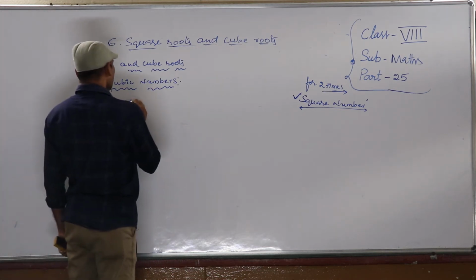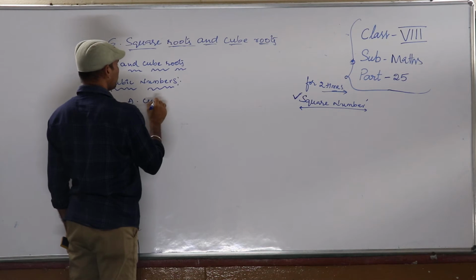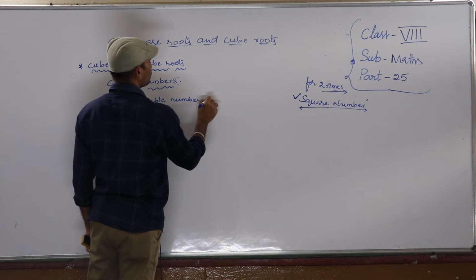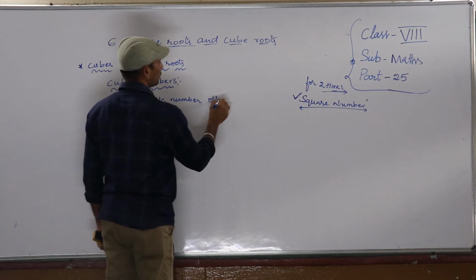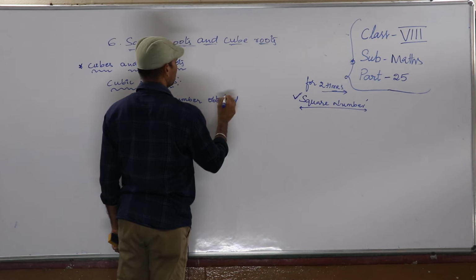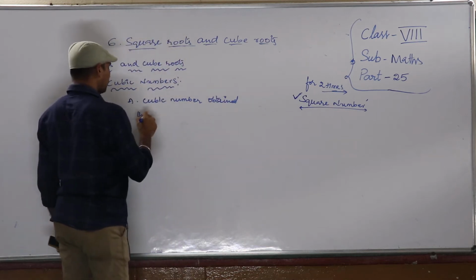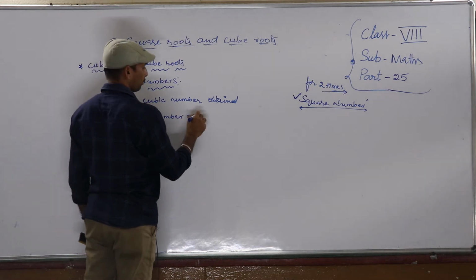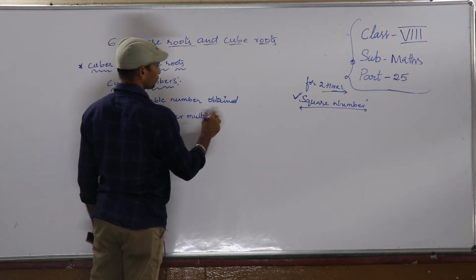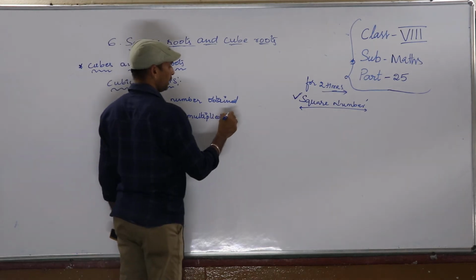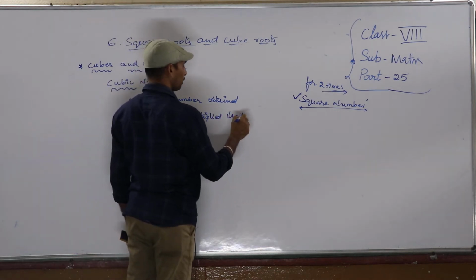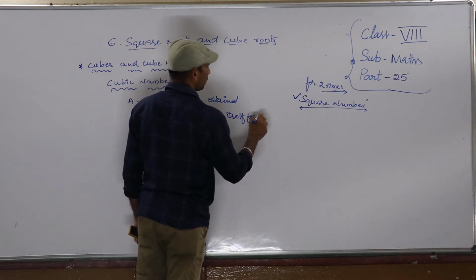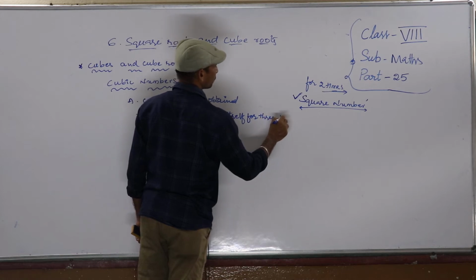So a cubic number is obtained when a number is multiplied by itself 3 times.